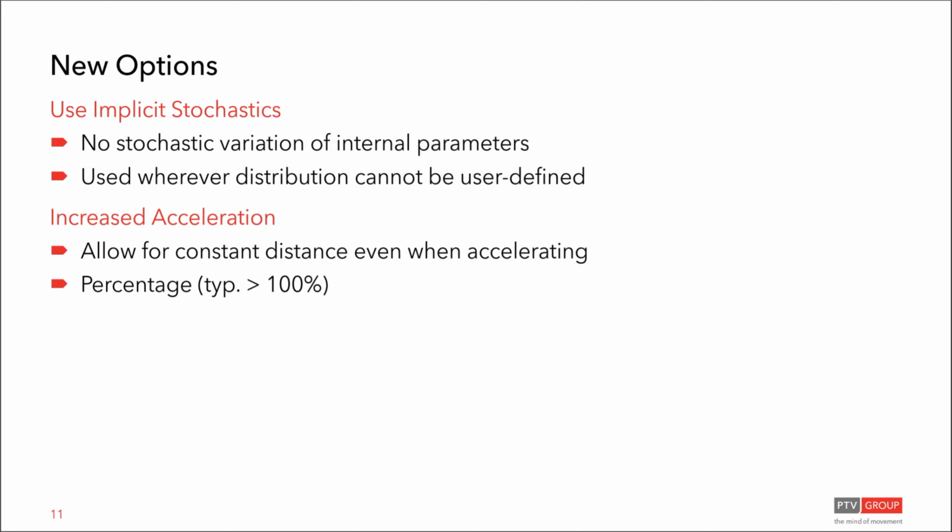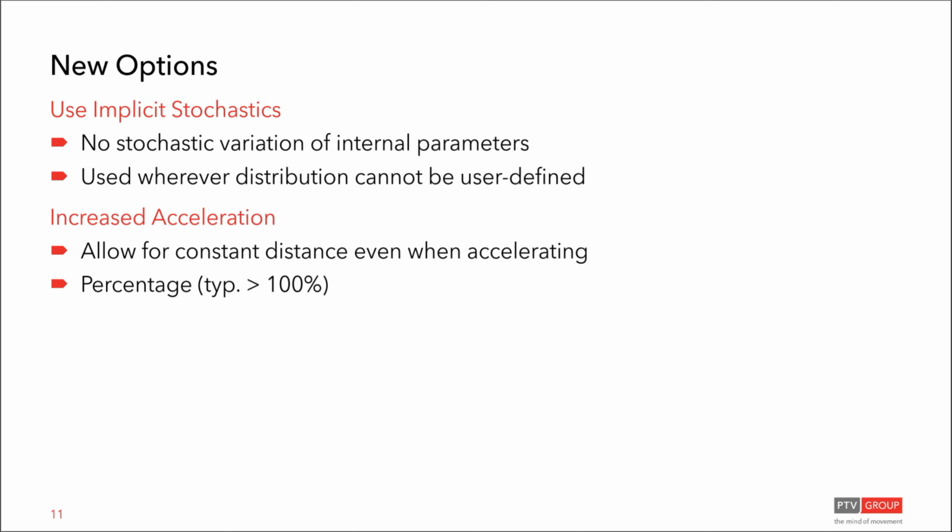Another thing we saw when calibrating this model to the real testing is that they were accelerating quite strongly when they were connected compared to our default driving behavior. That's why we have introduced increased acceleration, so that the following vehicle is able to keep up when they accelerate.